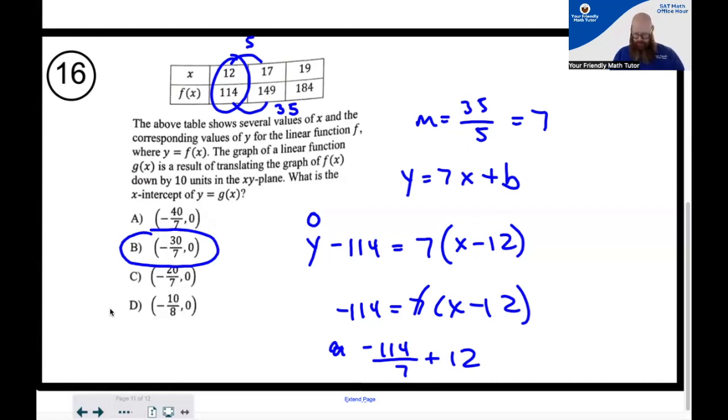I just want to double check that that's right. Yeah. So you just get negative 30 over 7. And that's it. Or if you use the calculator part of Desmos, that has an option too.